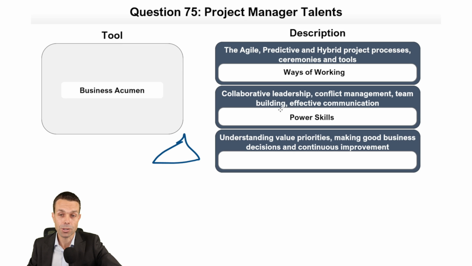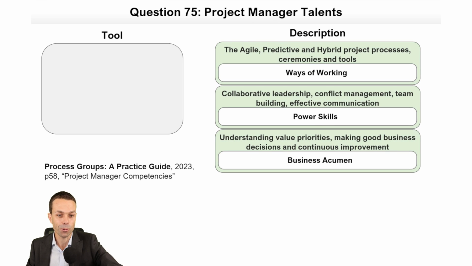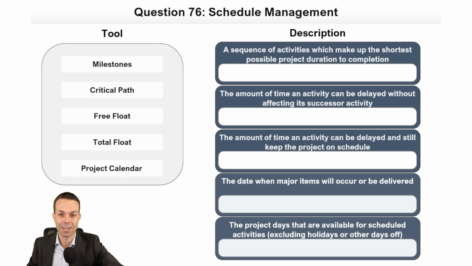And we need all of these three things to be a good project manager, by the way. Understanding value priorities, making good business decisions, good commercial decisions, making sure we're delivering that business value, and continuous improvement. That's our business acumen or business knowledge. Let's quickly check. And that is great. Project manager competencies, page 58 in the process groups practice guide.